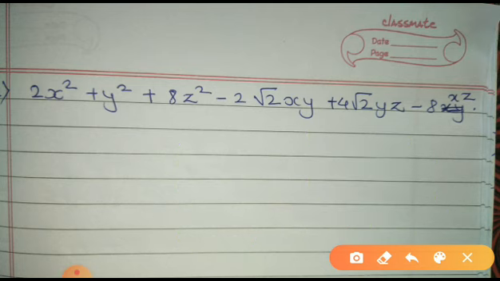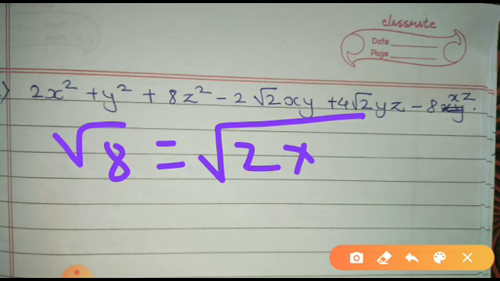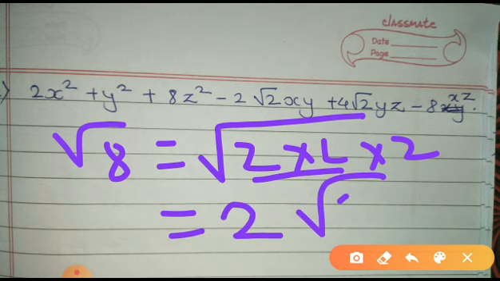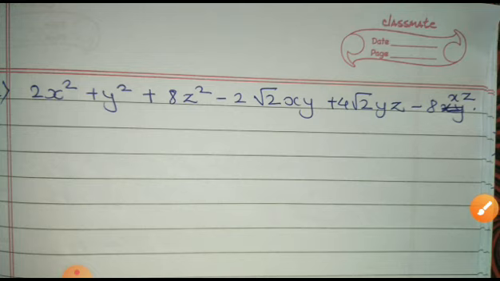Last year you have seen. So square root of 8 will be 2 into 2 into 2, I can take one pair outside, it is 2 root 2. So my 8z square I can write as 2 root 2z bracket square.